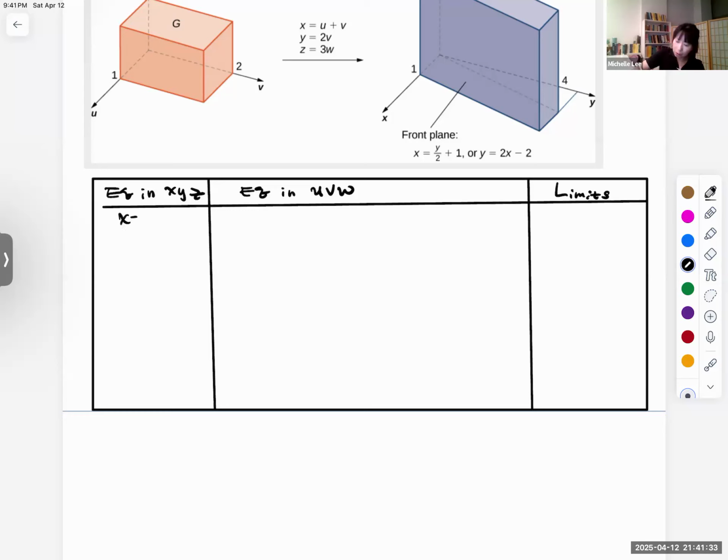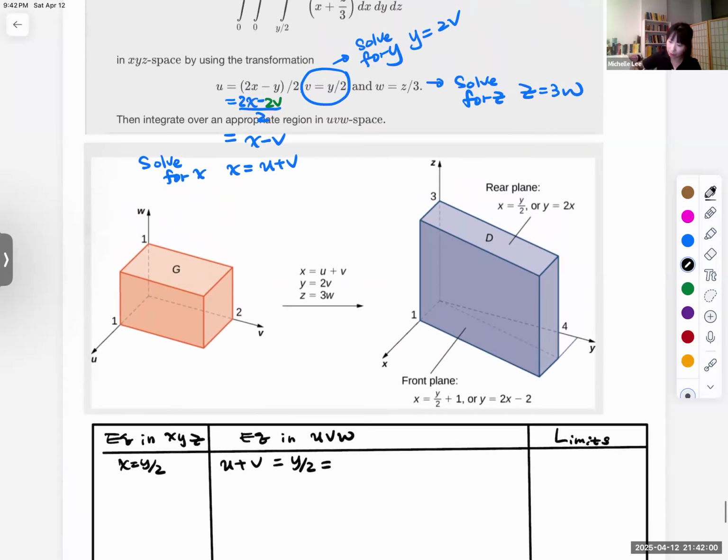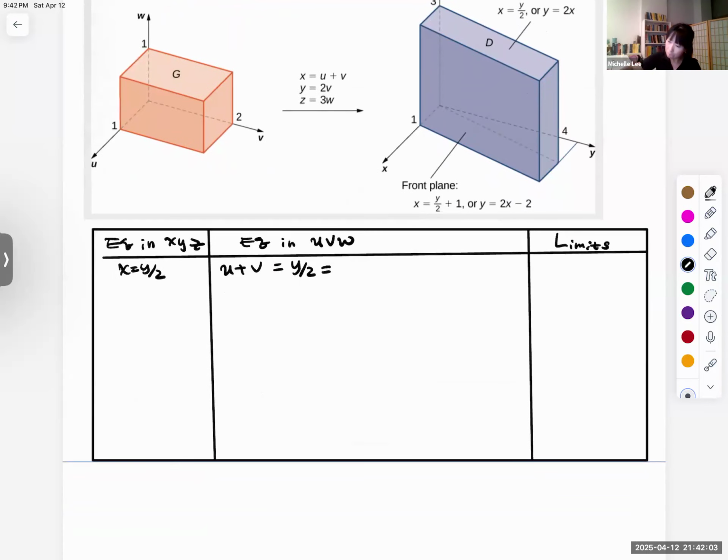Okay, so we have x equal to y over 2. Then x equal to u plus v, right? Also, the first column said y over 2. So y over 2 equal to, y was 2v, so y equal to 2v, over 2, which is v. Okay.